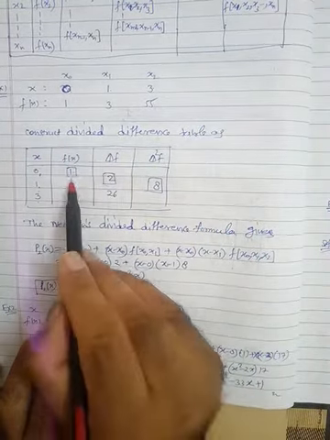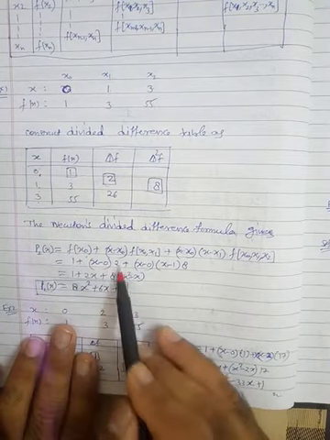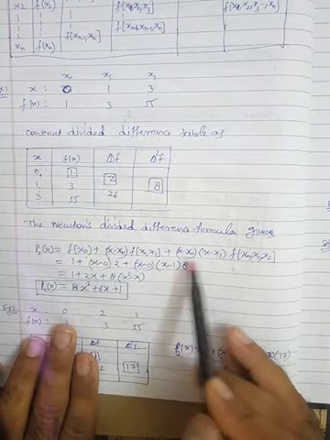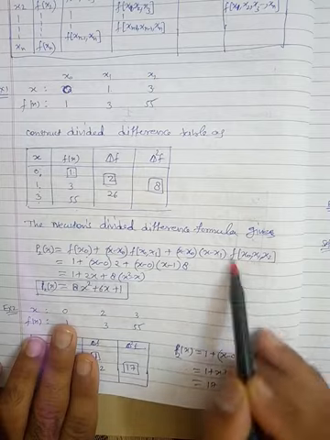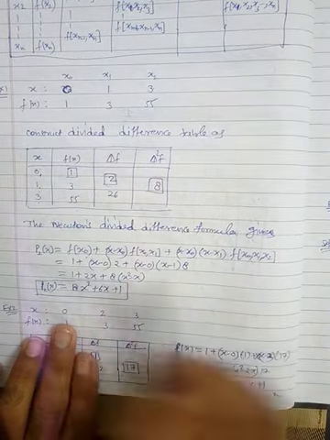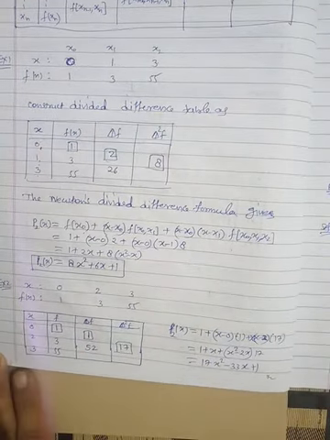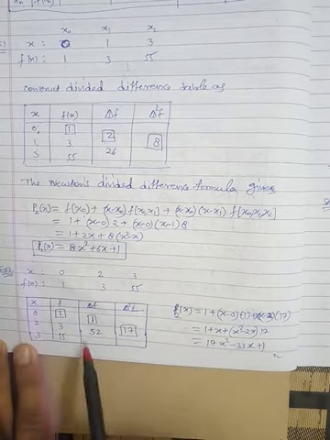So f of x naught is this one, plus x minus 0 multiplied by this difference which is 2, plus x minus 0, x minus 1 multiplied by the second order divided difference which is 8. Simplify this, so we get this polynomial.